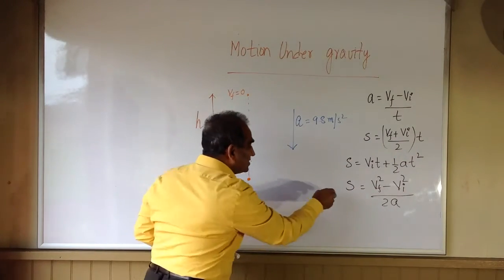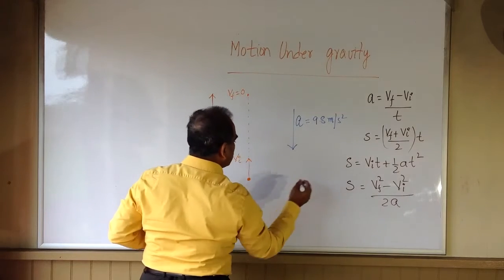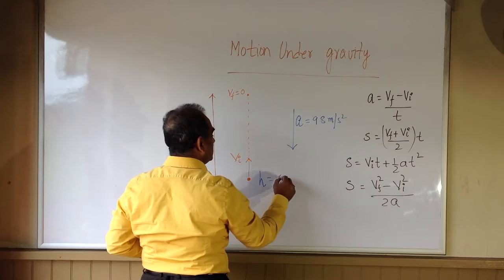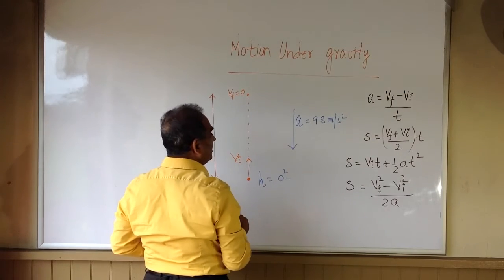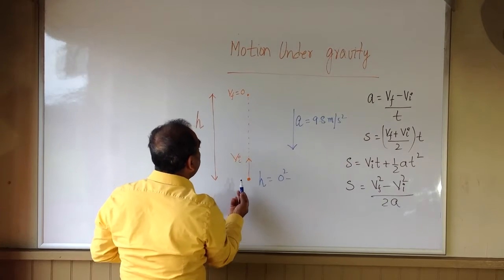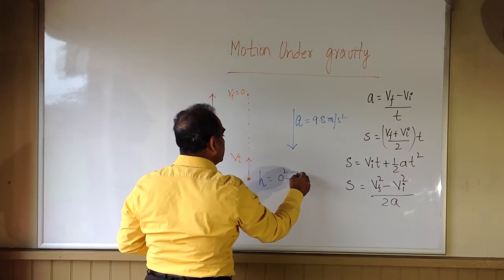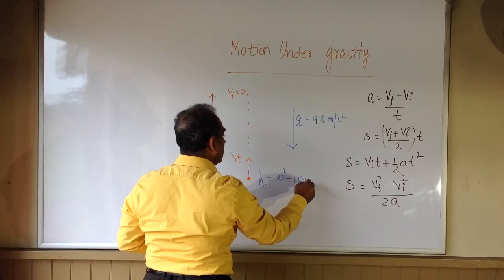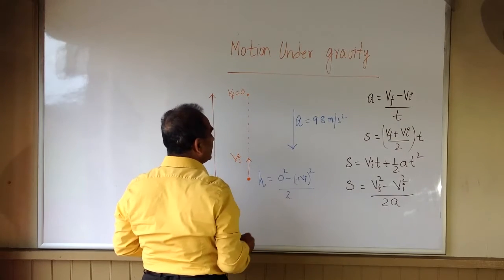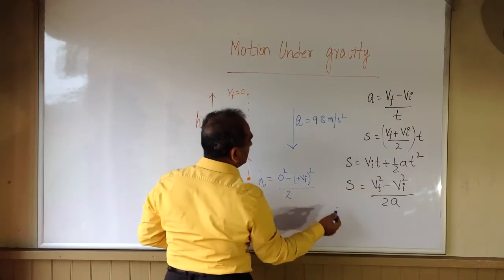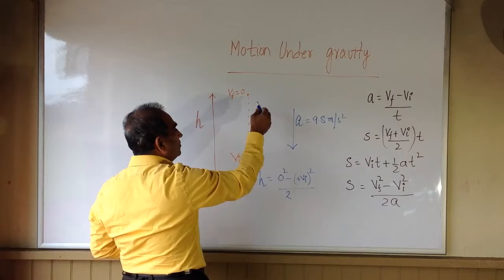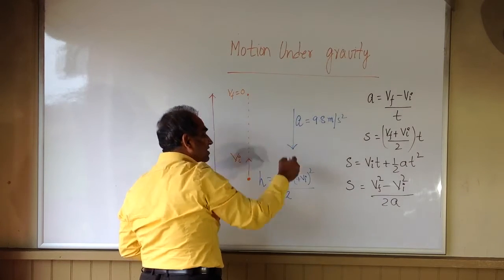Now, let me write this equation. So S as h is equal to V final squared, which is 0 squared, minus V initial squared. V initial is upwards. So if I take upwards as positive, then it will become plus Vi whole squared over 2 times acceleration. But acceleration is downwards. Since I considered upward as positive, I have to consider the downward direction as negative.